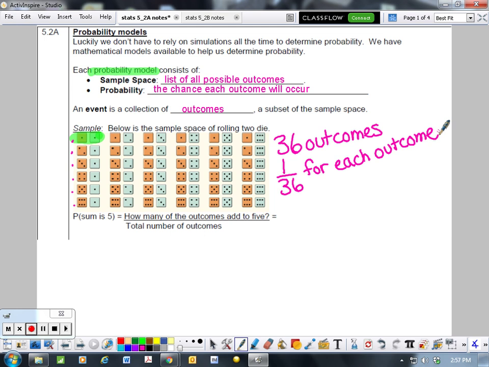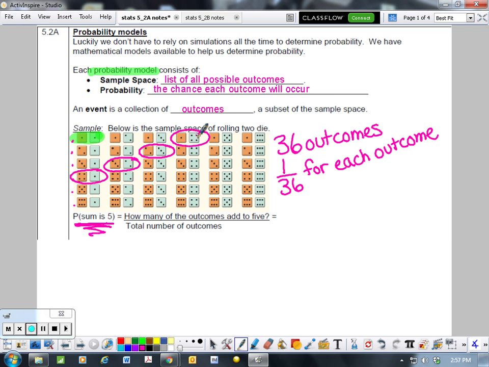Then when I ask you, what's the probability of getting a sum of 5? Meaning, what's the probability that when I roll 2 dice, they're going to add up to the number 5? I look at how many of my outcomes add up to 5. Here's a 5, and here's a 5, and here's a 5, and here's a 5.